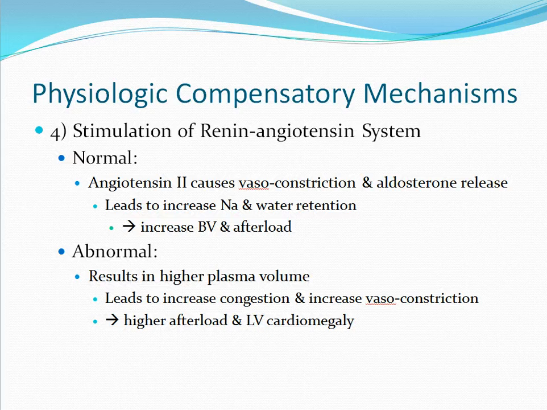What this will do will be to increase the blood volume and increase the afterload. However, in congestive heart failure, this higher plasma volume will lead to a further increase in congestion, and the increase in vasoconstriction will lead to an even higher afterload, and this will end up further complicating the left ventricular cardiomegaly.